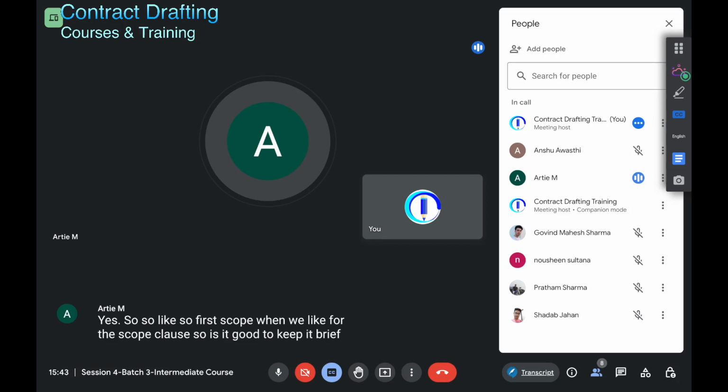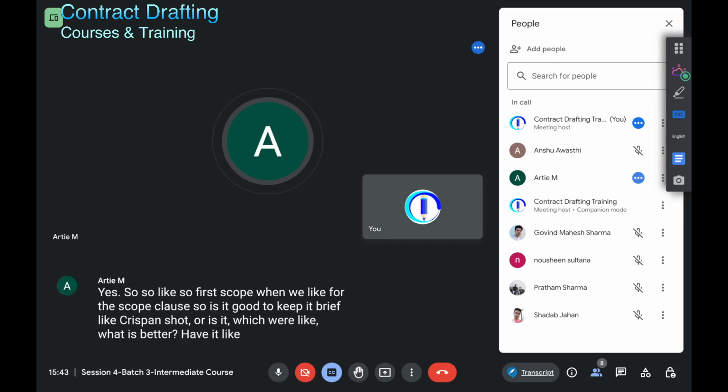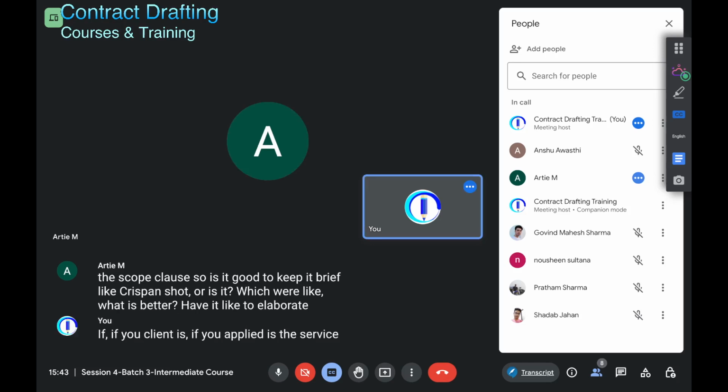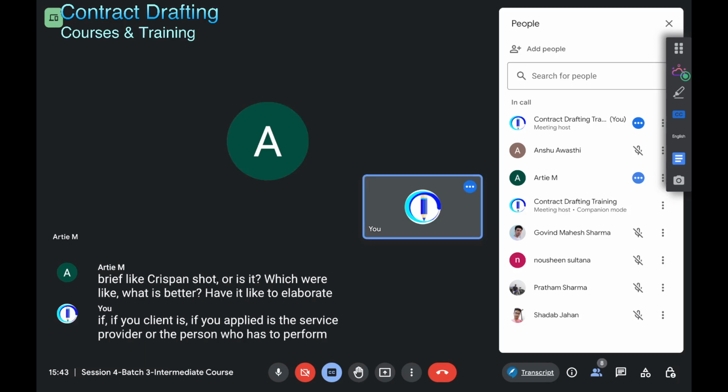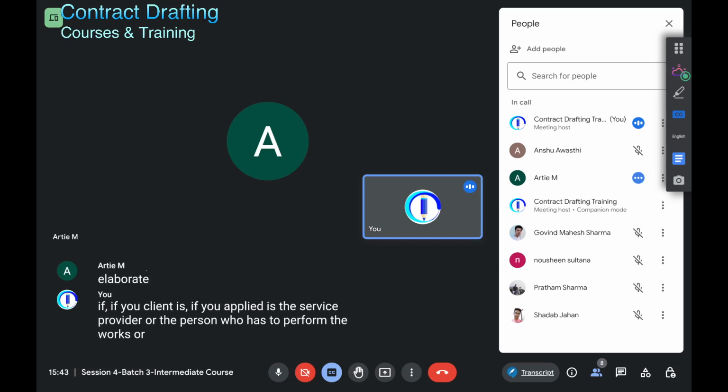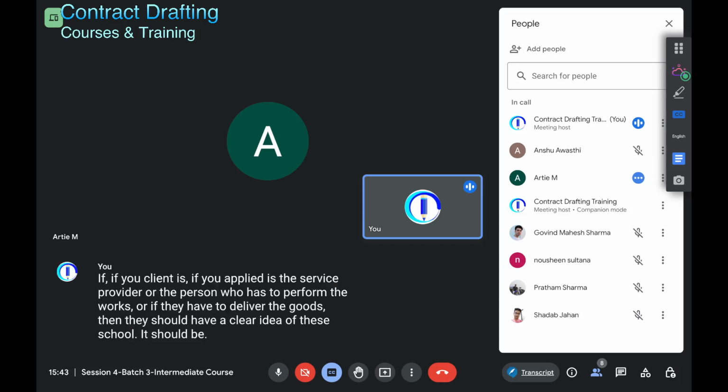It should be limited to what is written down. There should not be something additional that is not there in the contract.